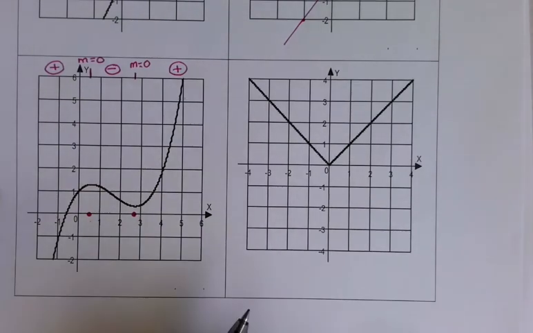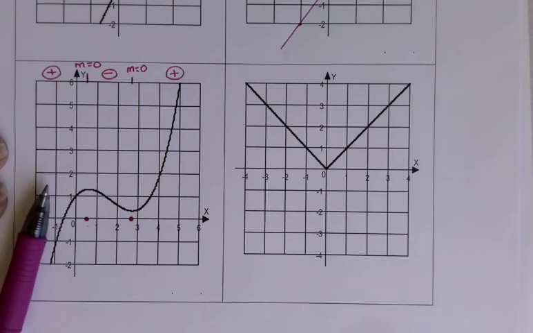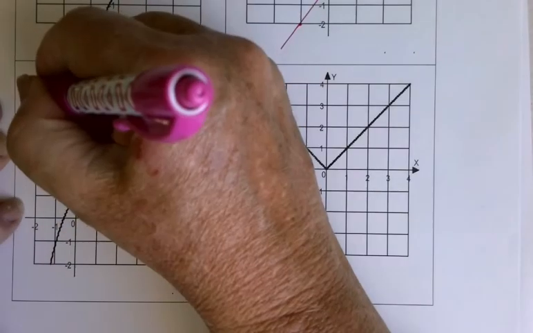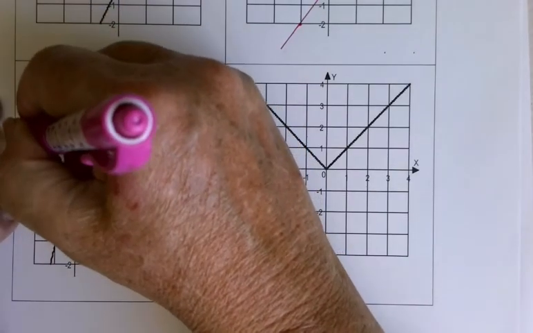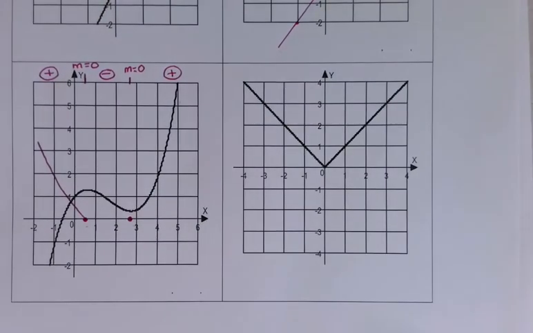And then I want to say positive derivatives over in this section. Now notice it's steepest at first, and it gets less steep as I approach this. So they're going to start out pretty big, and they're going to get smaller until I hit that 0.